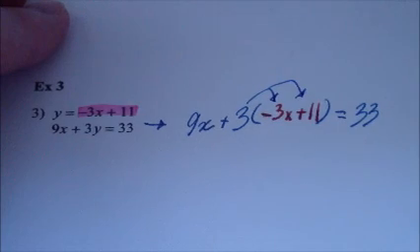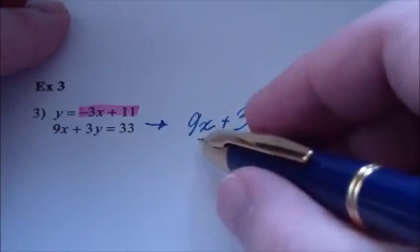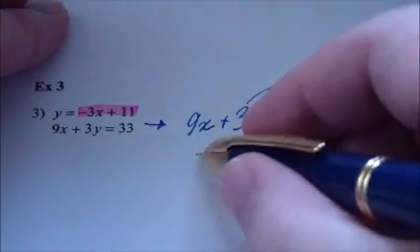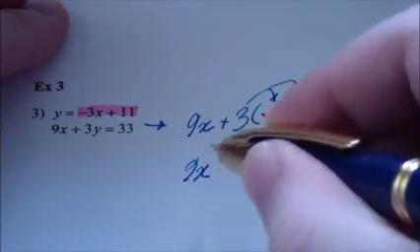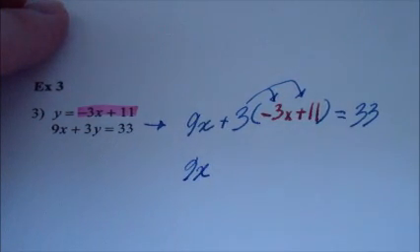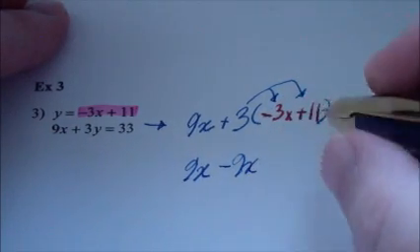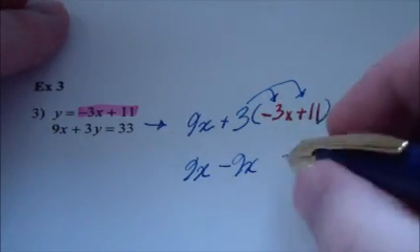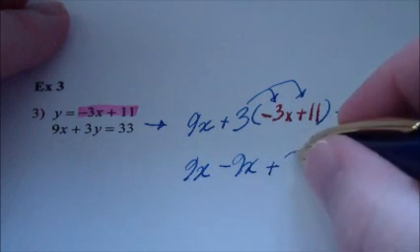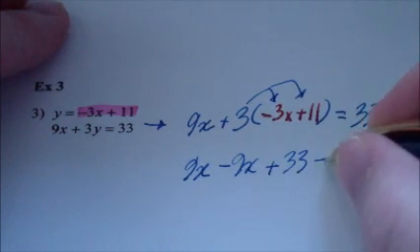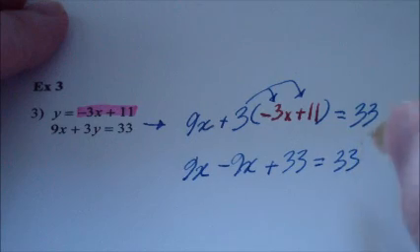After we plug in, we distribute. Ba-choom, ba-choom. Notice that the 9x just comes on down. We've done nothing to that yet. Positive 3 times negative 3x is negative 9x. Positive 3 times positive 11 is positive 33, which is equal to 33.